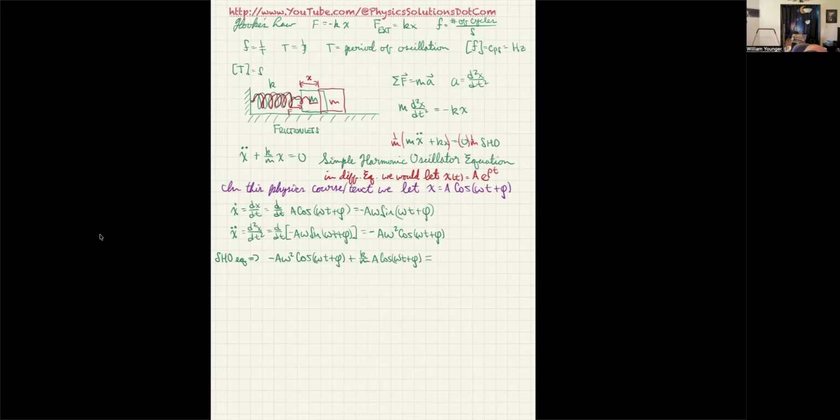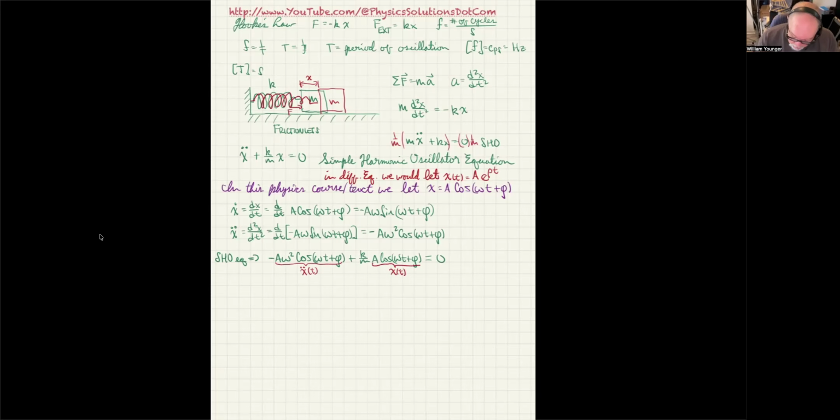And that's all equal to 0. So just in case you didn't understand what I just did there, this is x of t that we hypothesized, A cosine omega t plus phi, and this part right here is x double dot of t.